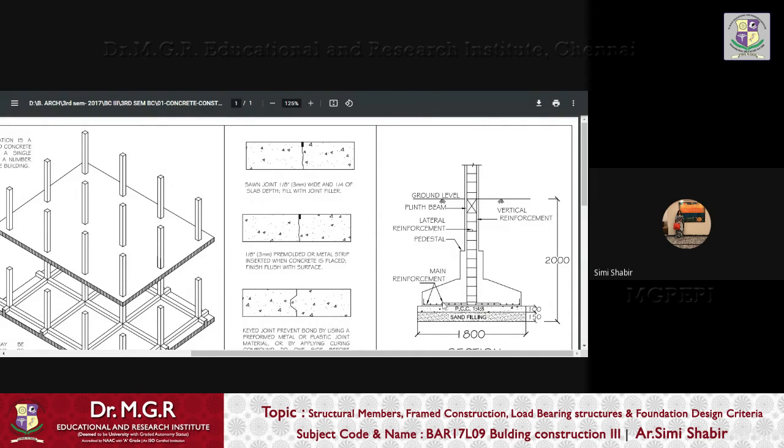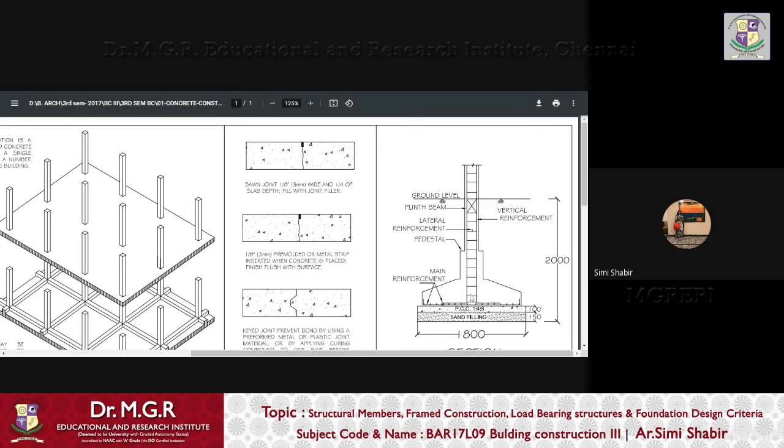Above that is our foundation. Here you can see there is a tapering foundation design, and then you have the pedestal that is designed. Above the pedestal you have the column running.